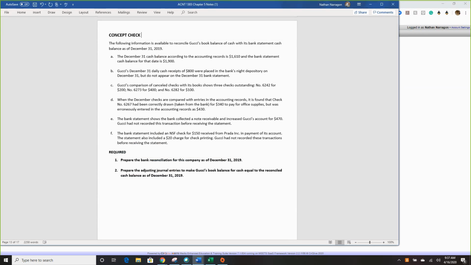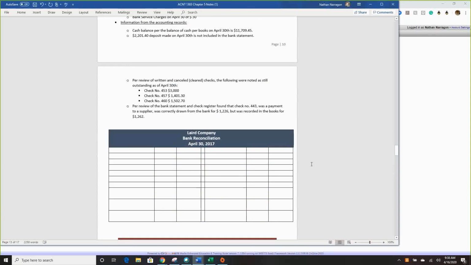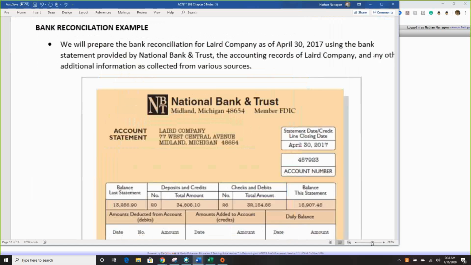So starting off with A, the December 31st cash balance according to the training records is $1,610, and the bank statement cash balance for that date is $1,900. Usually with any kind of word problem, they're always going to have the balance as the first item.